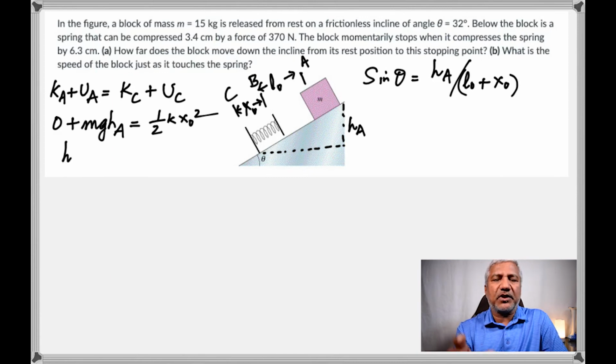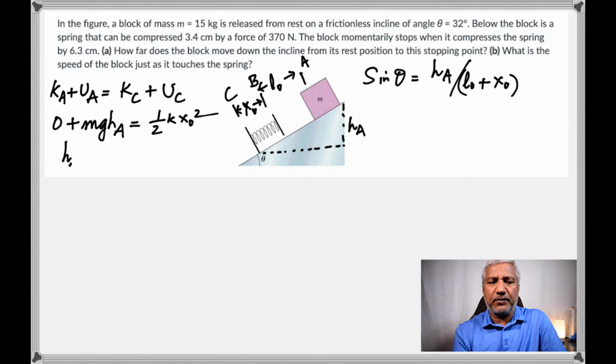In this case, because the spring is compressed by x0, we're going to call it 1/2 kx0 squared. And what happened to KC? The block stopped because it said the block momentarily stops when it compresses the spring by 6.3 centimeter. So that's why we do not have anything for K sub C, which is 0.